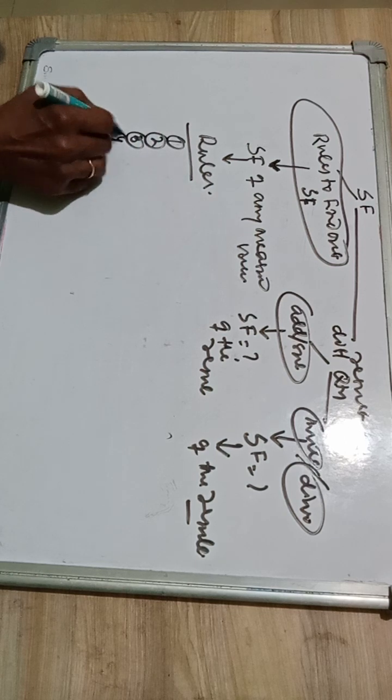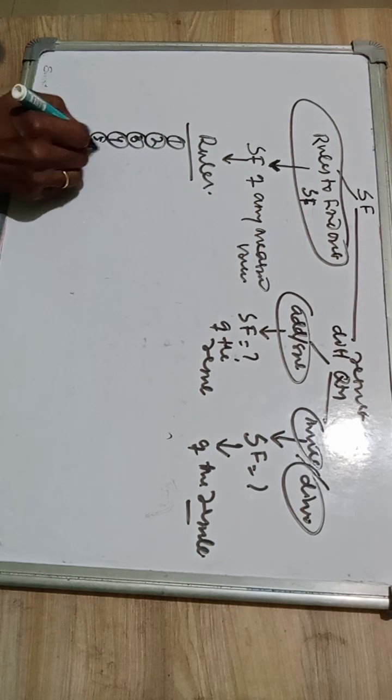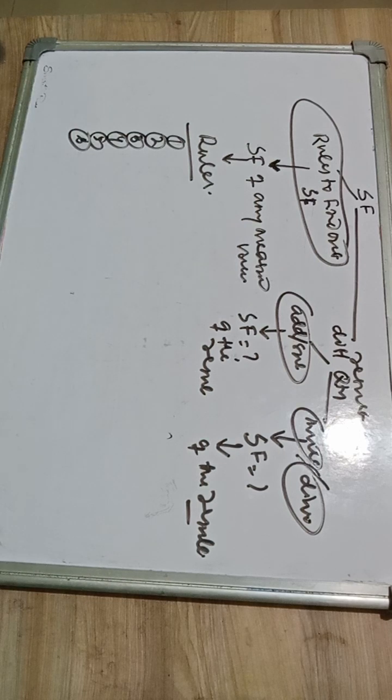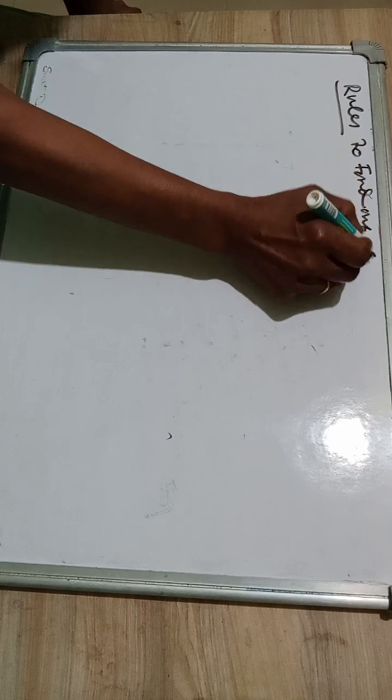We have six rules. Let us study these rules, the rules to find out significant figures.